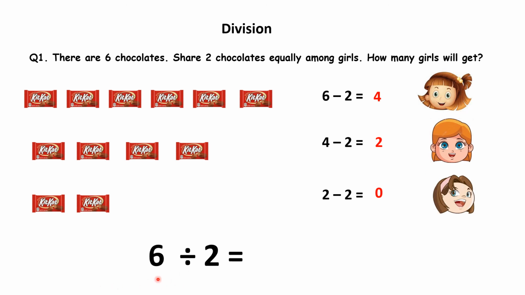You have a total of 6 chocolates and you have divided 2 chocolates equally among how many girls? 3. Each girl has two chocolates. The number 2 is subtracting again and again. As I told you, in division we do repeated subtraction.